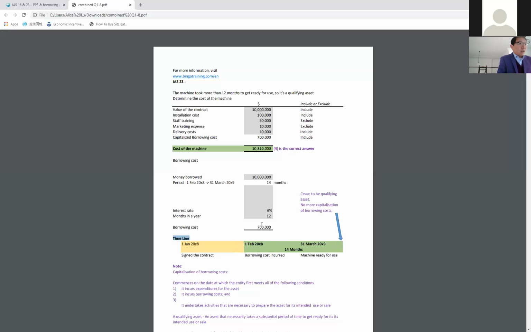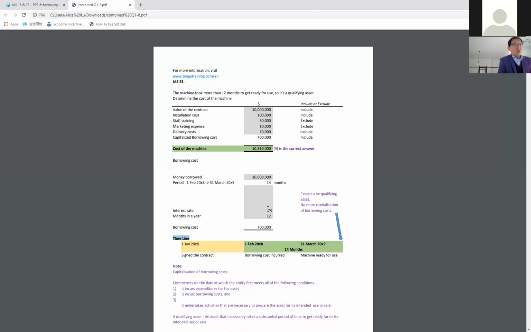And so if we were to calculate what interest expense over 14 months would be, we would simply calculate, well, how do we calculate the interest expense in a year? So if you think about a year, we take the amount that we've borrowed, which is this 10 million, and we multiply it by the interest rate.